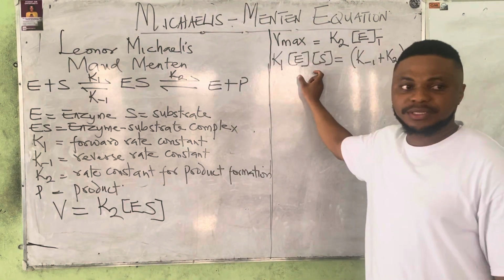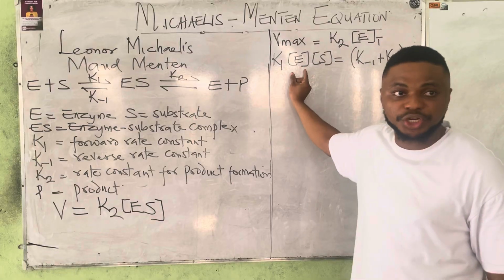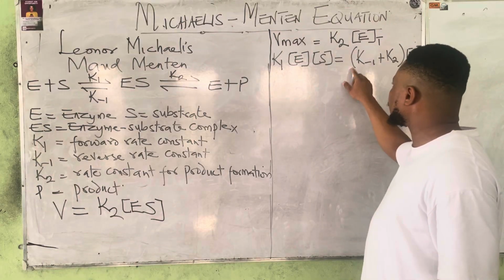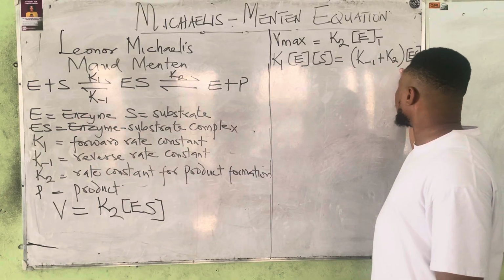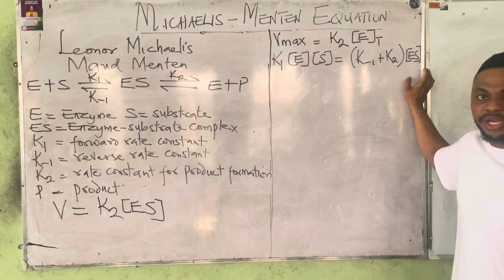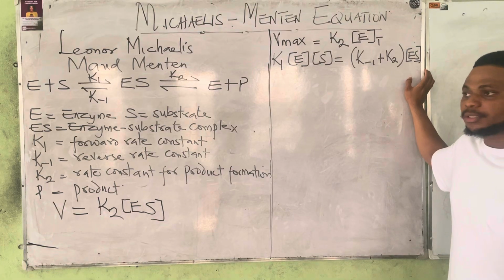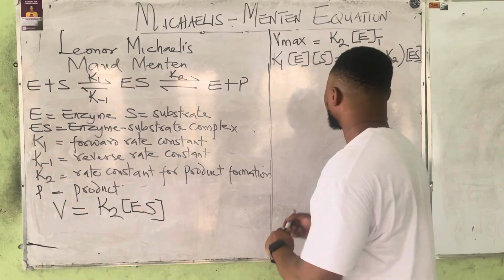This is your enzyme concentration, this is your substrate concentration, equals K minus 1 plus K2 times your enzyme substrate complex concentration. Is that okay?